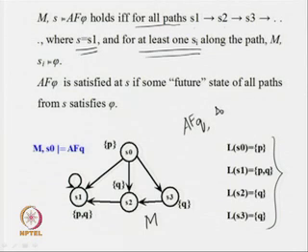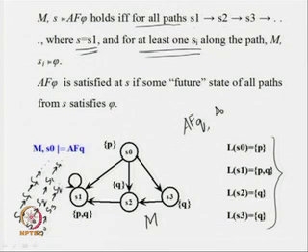We get the path S 0 to S 1, and it remains in S 1 because there is a self loop. Similarly, S 0 to S 2, then a transition from S 2 to S 1. Another path goes from S 0 to S 3, from S 3 to S 2, from S 2 to S 1. So these are the 3 possible paths.